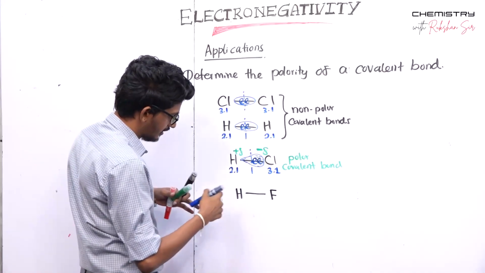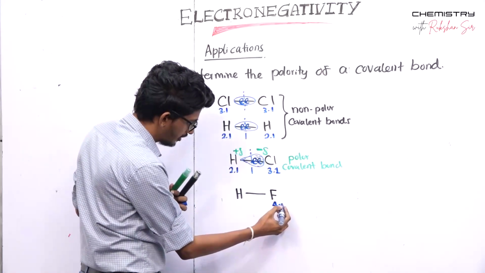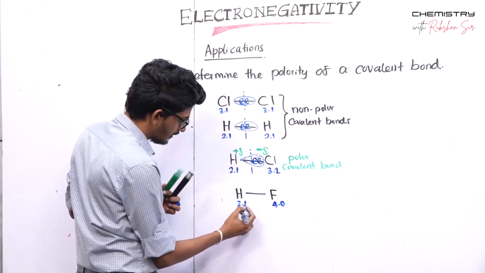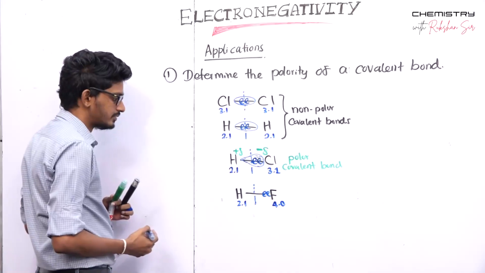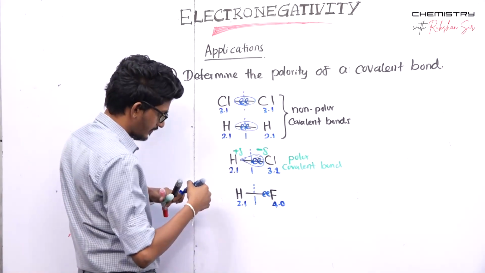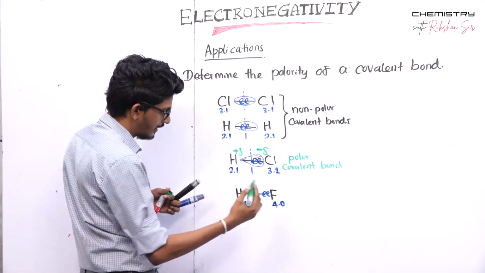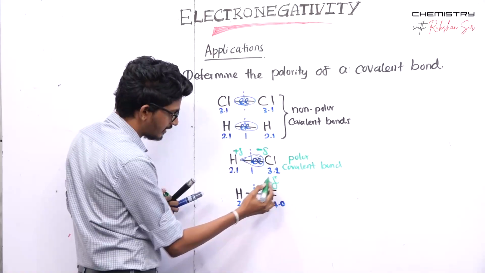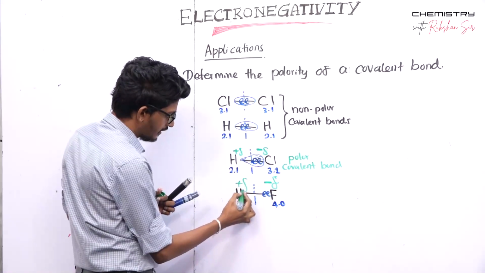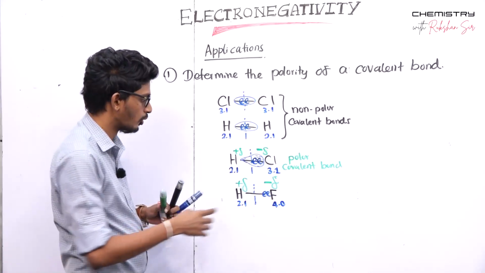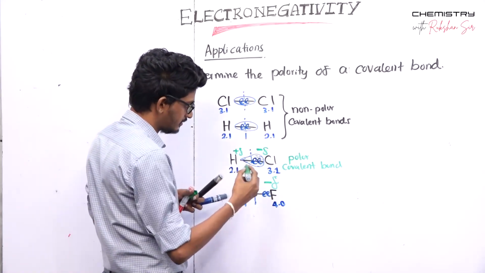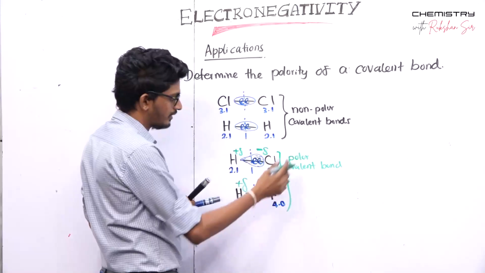HF has fluorine, which is more electronegative than chlorine. So the bonded pair is more towards the fluorine, creating a greater negative delta there compared to the situation here. So polarity is high here.